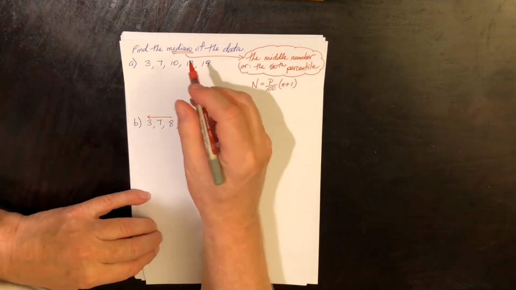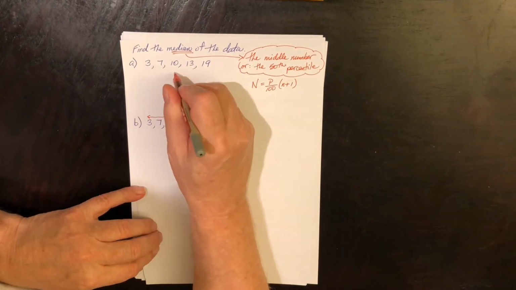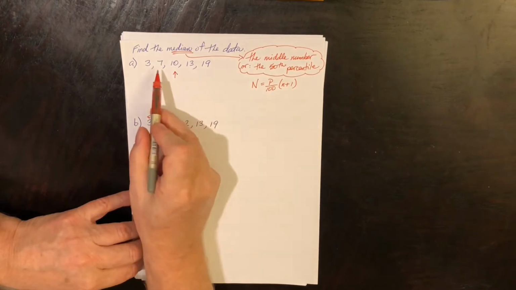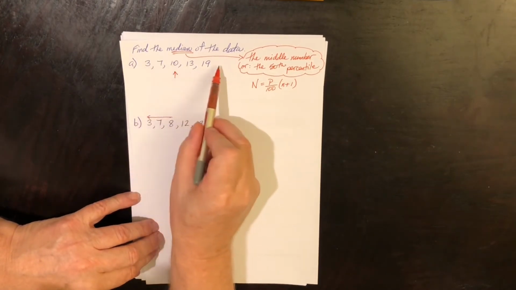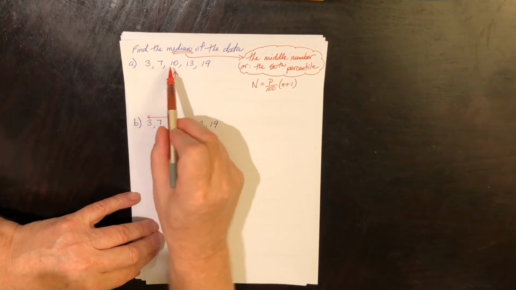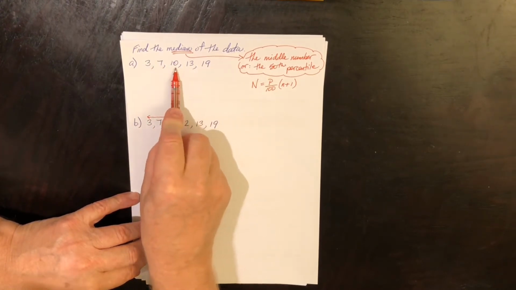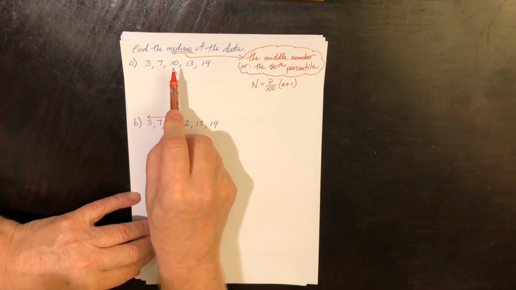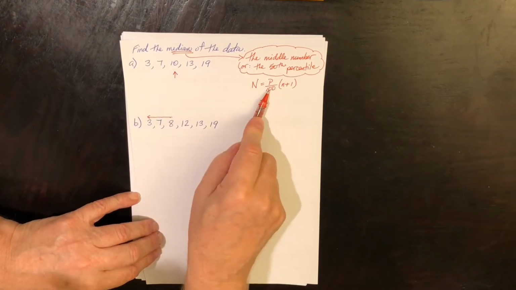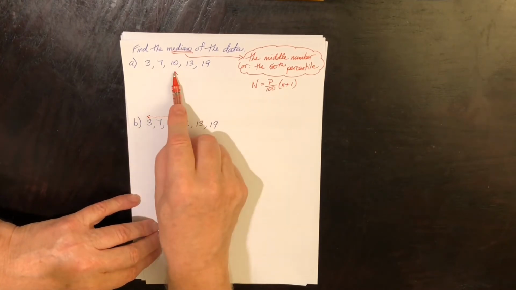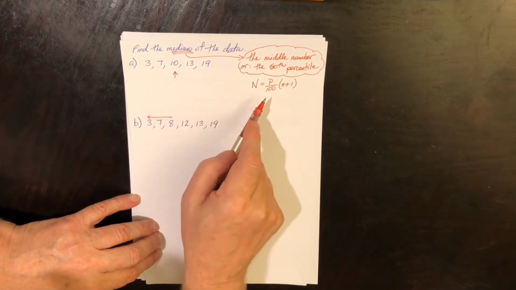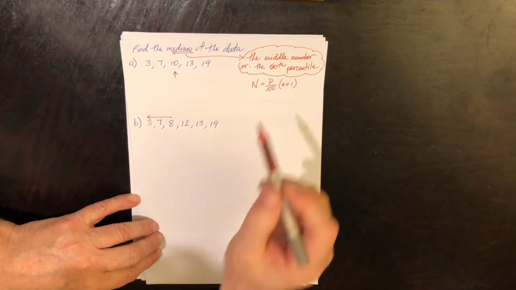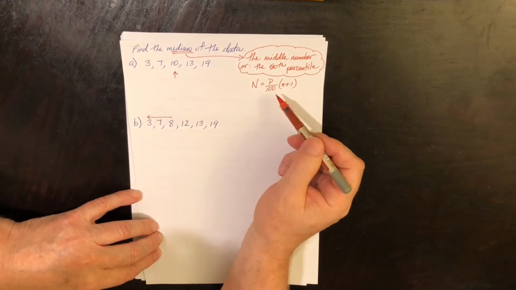Now, of course, from Unit 2, we found it pretty easy to find the middle number of some data sets. If the data set is very small, 5 numbers, it is easy to find the middle. So we certainly don't need a formula like this to find the median the way we used to find it in Unit 2. But let us use this formula to understand how it works.